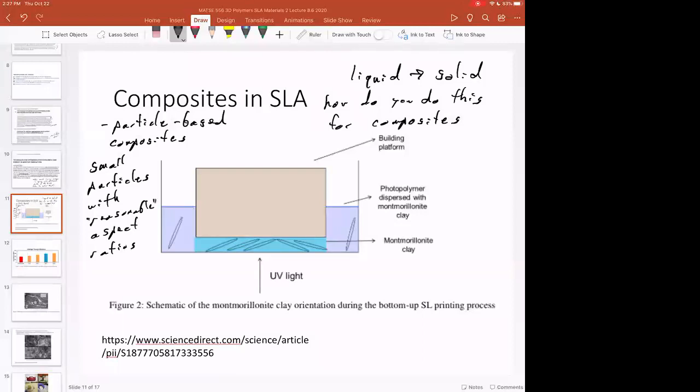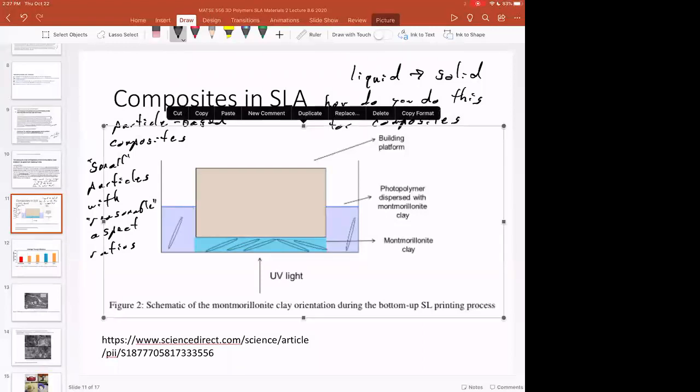Now, small and reasonable are qualitative because there is really no hard and fast rule. Of course, this particle can't be too much bigger in one dimension than the layer height because it needs to fit in there. But if you get the resin working just right and you can get the particles to orient within the layer, now you have oriented particles.